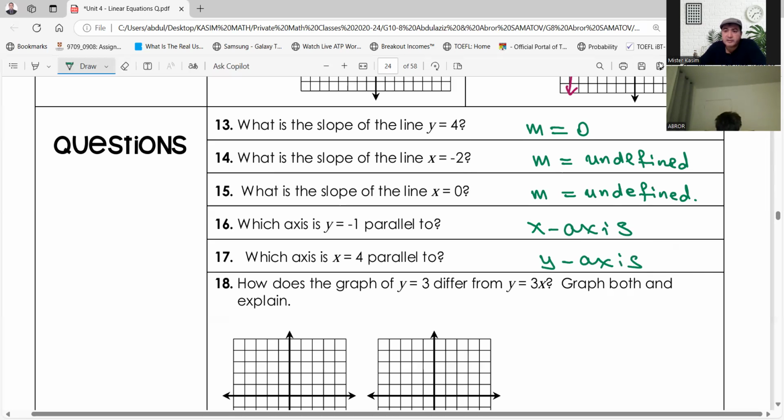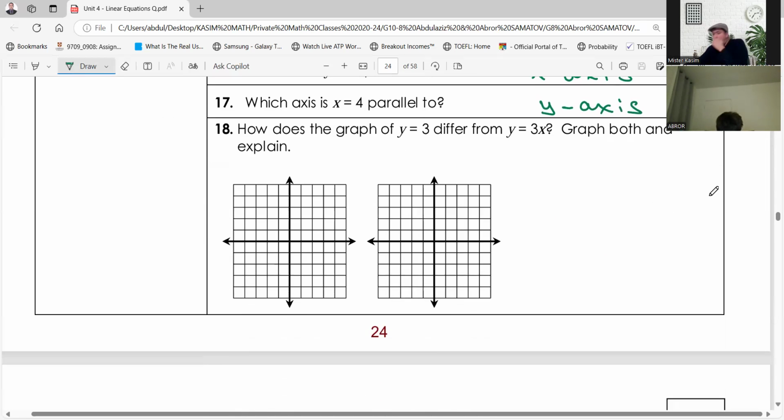Okay, read question 18. How does the graph of y equals 3 differ from the graph of y equals 3x? Graph both and explain. The first one, y is equal to 3, is just a horizontal line, right?